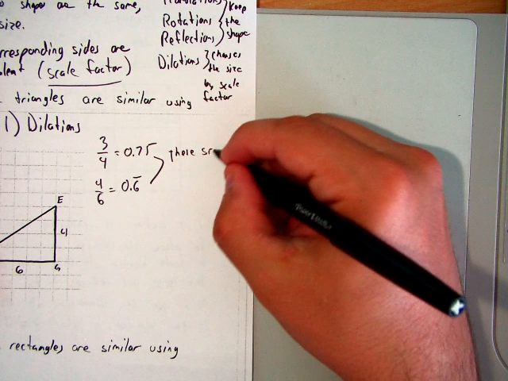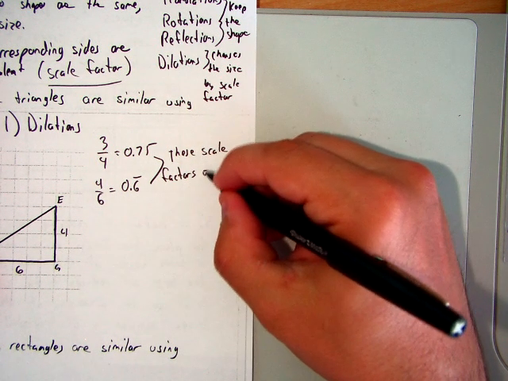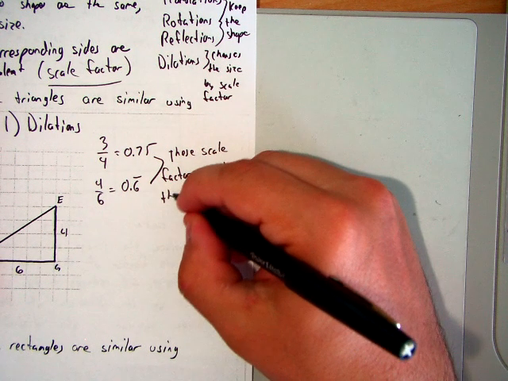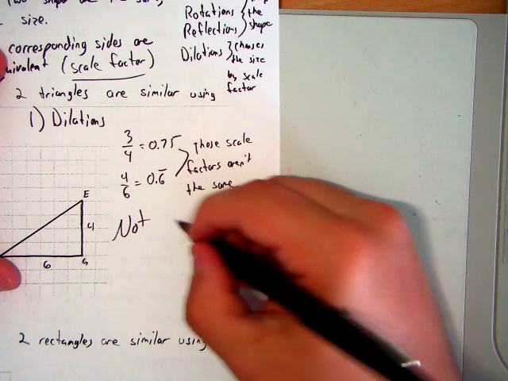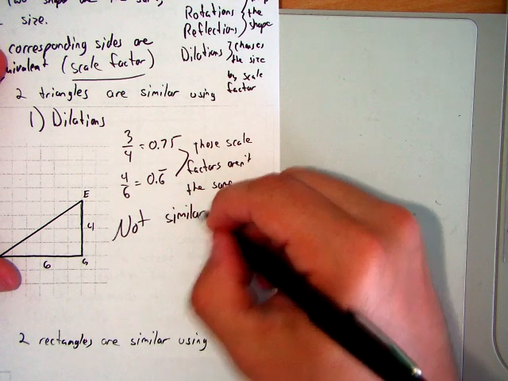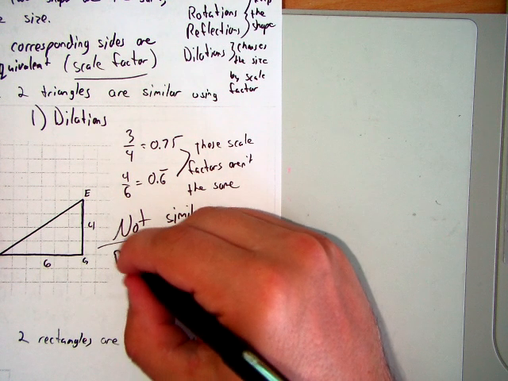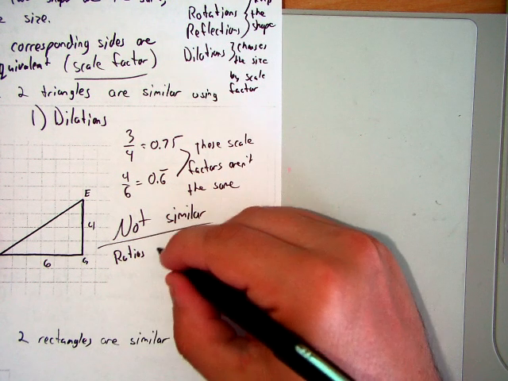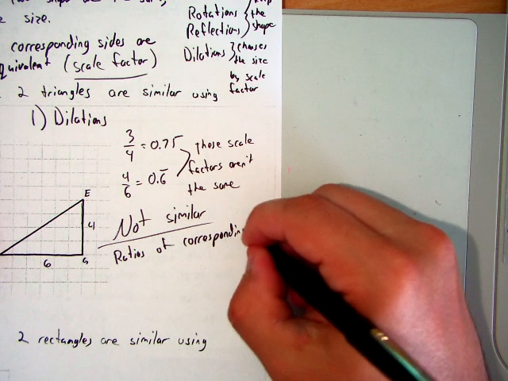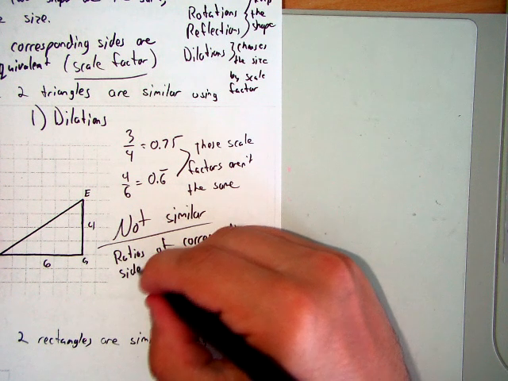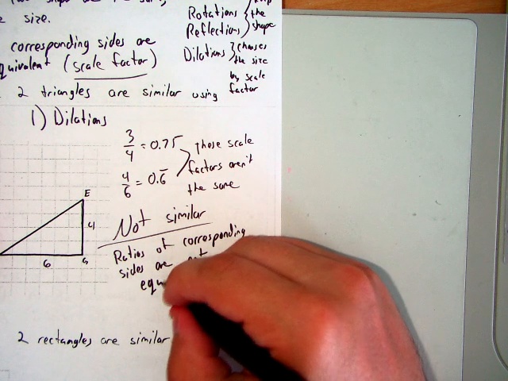These scale factors aren't the same. Which means that these are not similar. And the reason why is because ratios of corresponding sides are not equivalent.